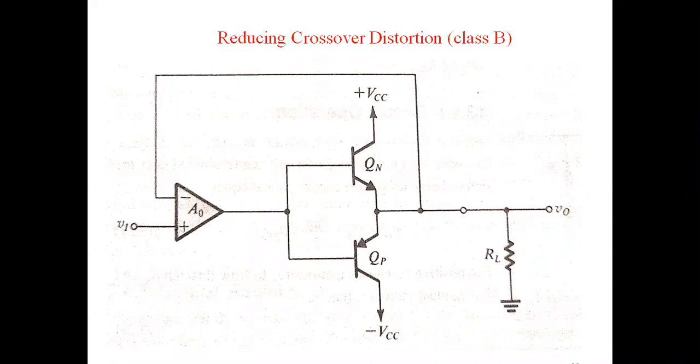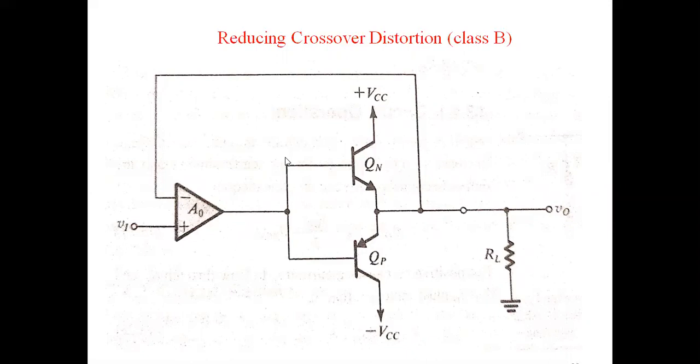by employing a high gain op amp and applying overall negative feedback, as shown in this figure. Now suppose we apply plus or minus 0.7 volts.